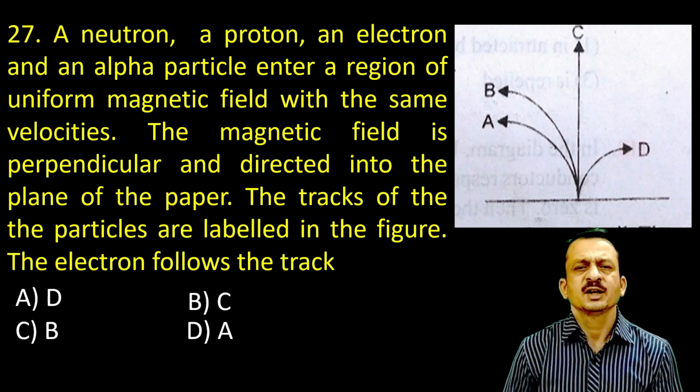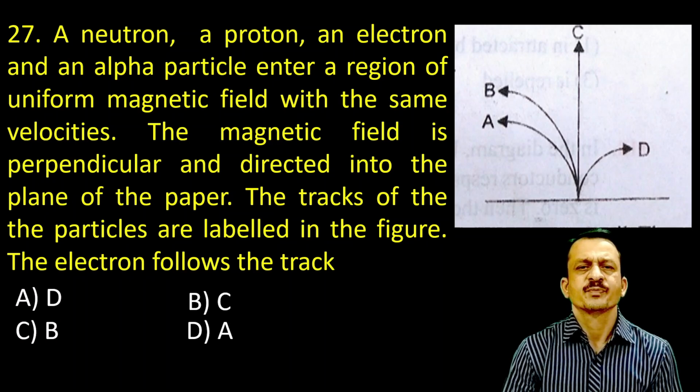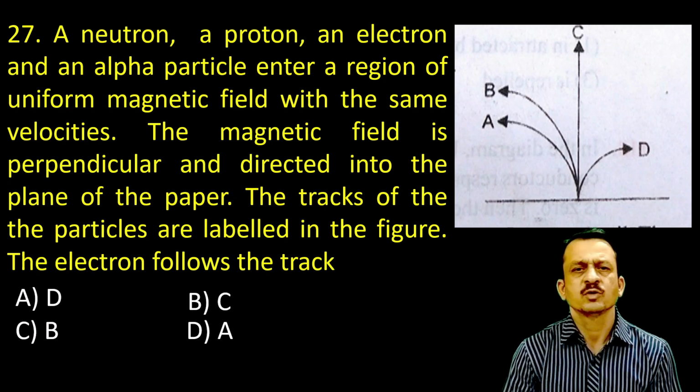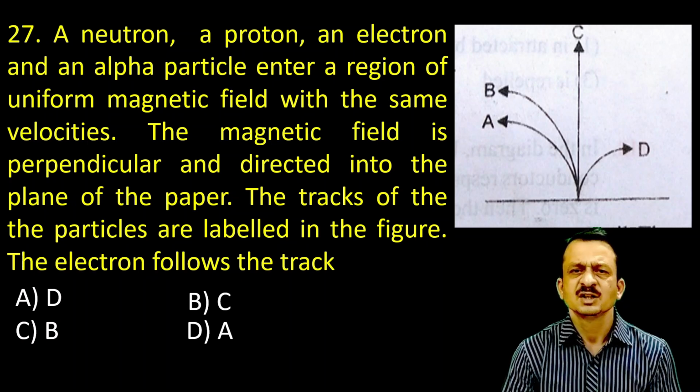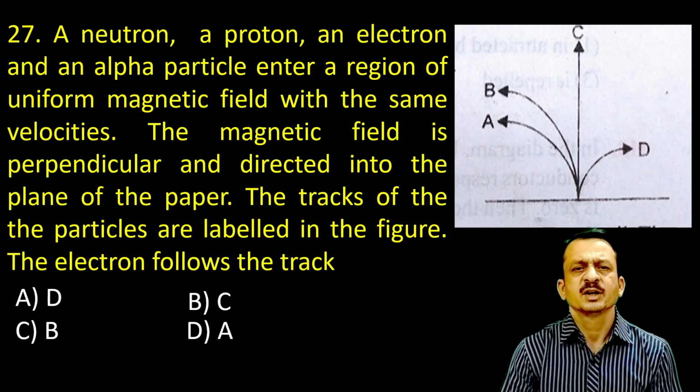Now carefully look at the given 4 particles. Among the 4 particles, neutron is electrically neutral, therefore it will not experience any magnetic force because it is uncharged, therefore it moves straight, therefore C. Now remaining 3 particles: electron is negatively charged, proton and alpha particle are positively charged. Since proton and alpha particles are positively charged, these 2 particles deflect on one side.